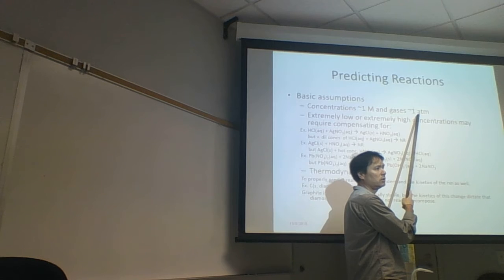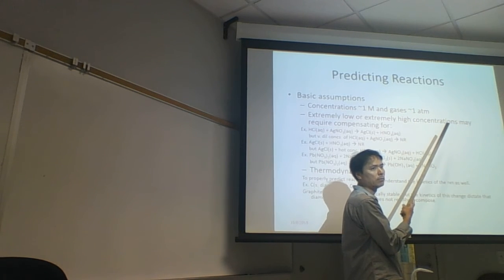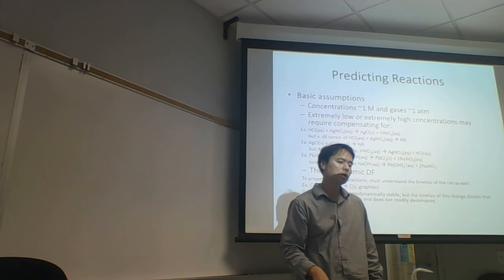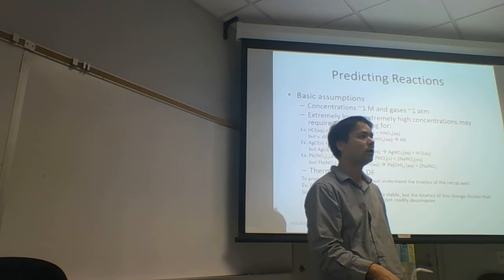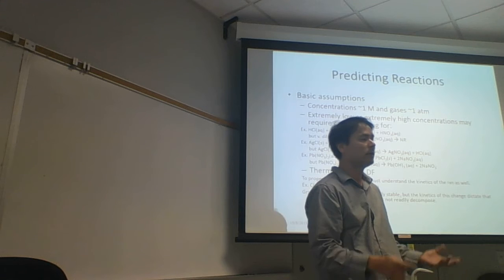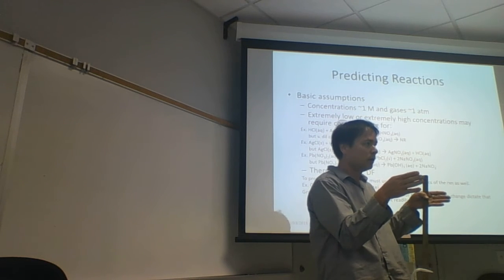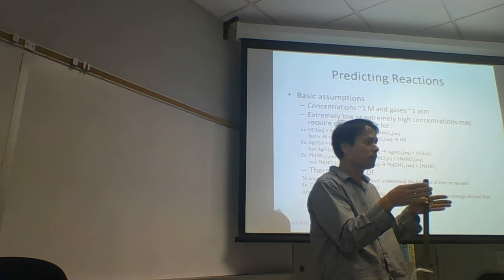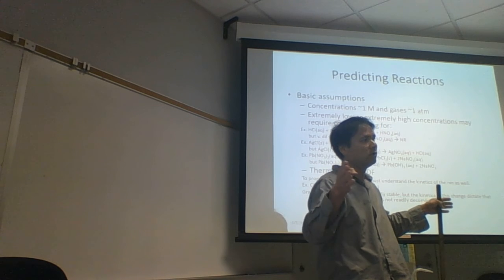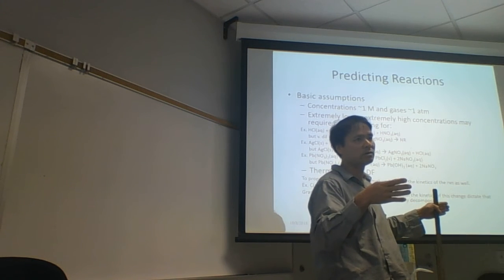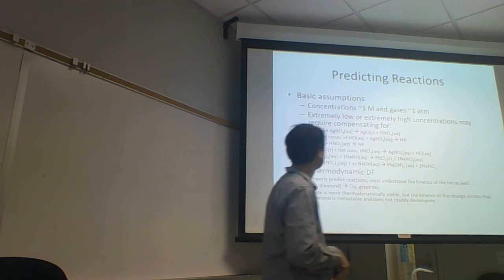If we start dealing with extremely low pressures or extremely high pressures, then our predictions might not come out. The take-home point is that when we make these predictions, we have to constrain ourselves a little bit. If we open it up, then we have to worry about other factors impacting this.